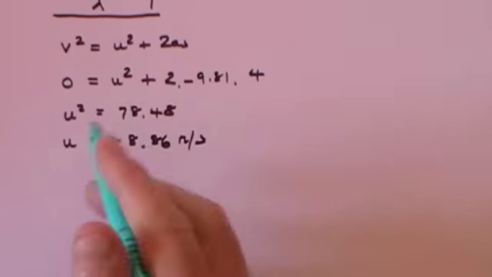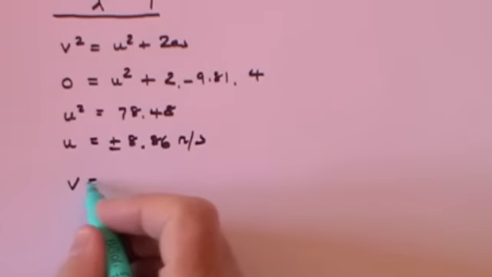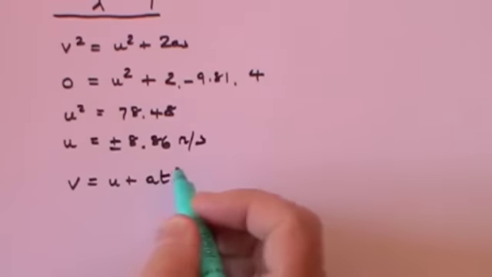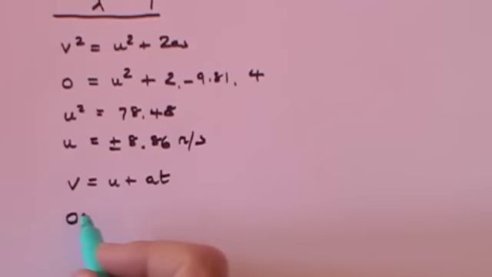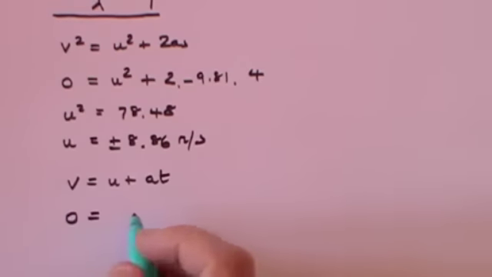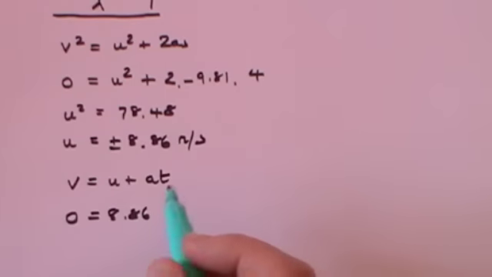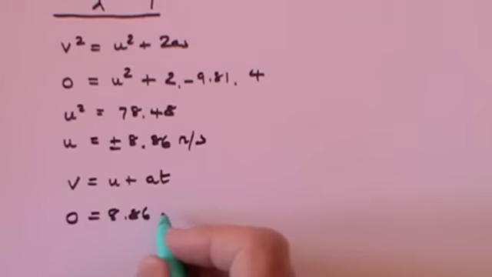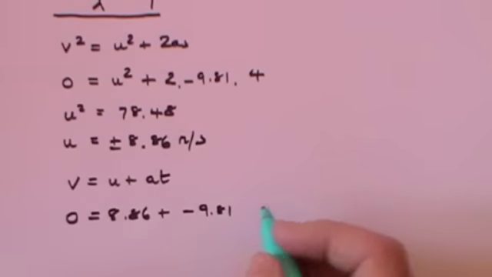To find how long it takes to get to the maximum height, we're going to use v equals u plus at. We know that at maximum height v is 0 because that's where you stop and start coming back down again. We know that u is 8.86 in the positive direction because it's going upwards, plus a is now minus 9.81 and t is what we're trying to find.